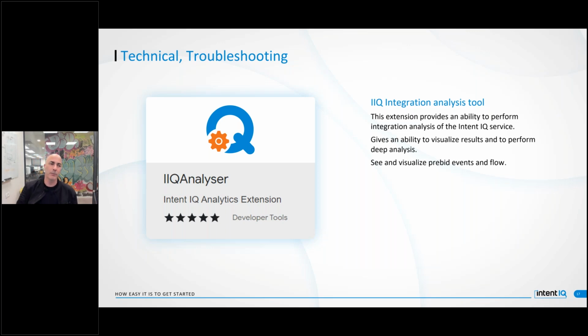So we're giving you a do-it-yourself approach, but we're there and we're working on a dedicated Slack channel, helping our partners to grow. And this extension provides the ability to perform integration analysis, visualize results and performance, deep analysis, and visuals of pre-bid events and flow.